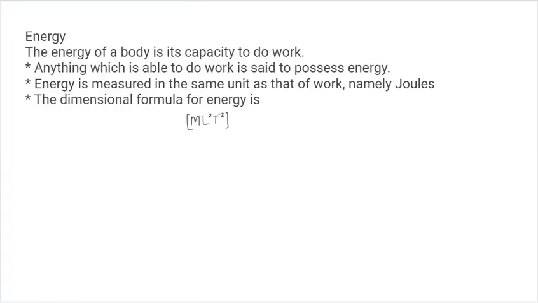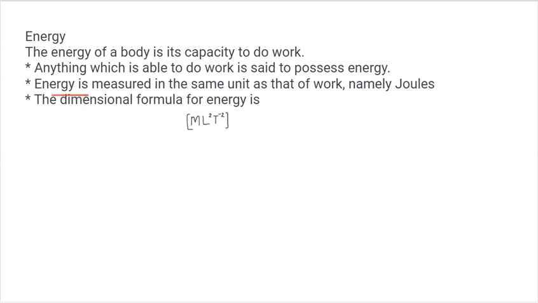To summarize, the energy of a body is the capacity to do work, or I can also say anything which is able to do work possesses some energy. Now energy can be further classified into kinetic energy and potential energy, which we will discuss later. For now, let's just stick to the important points.